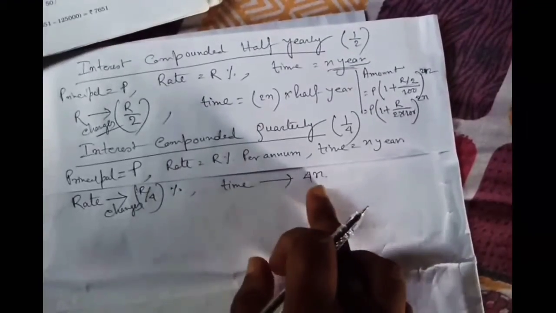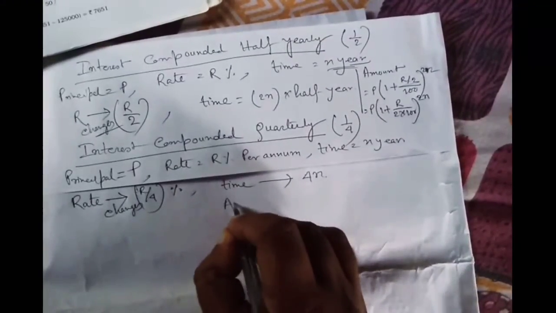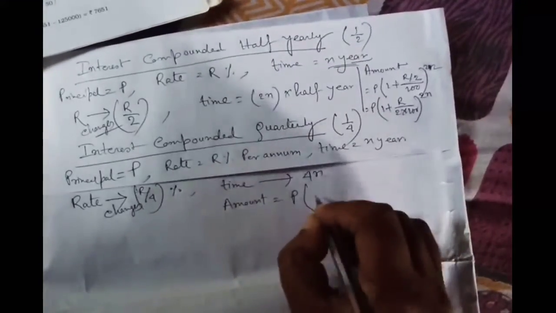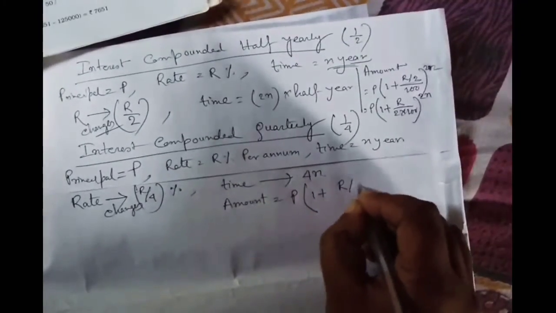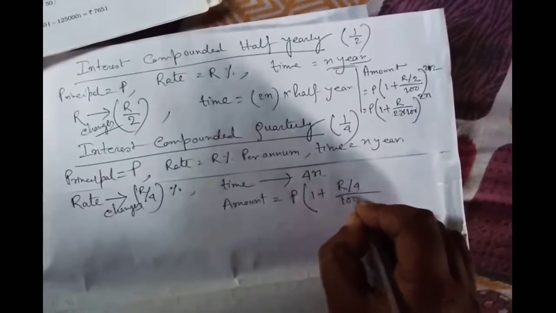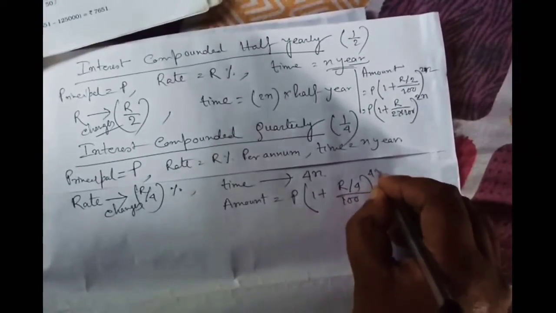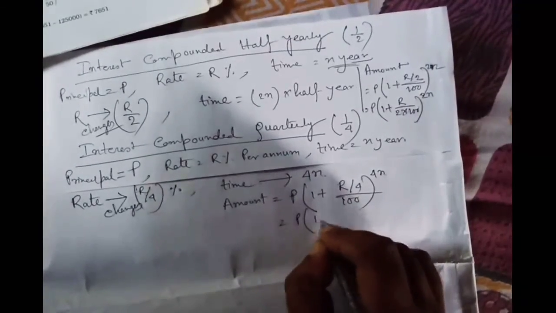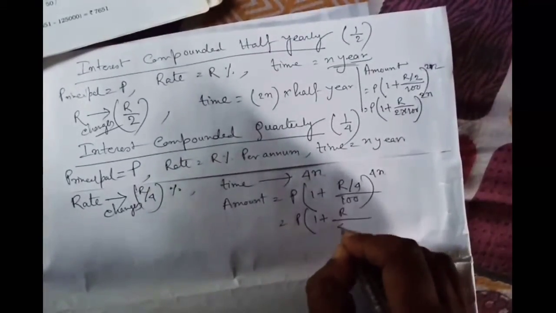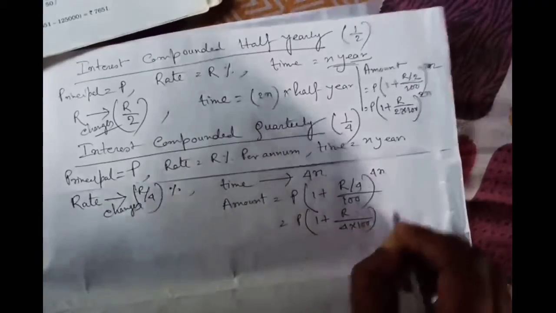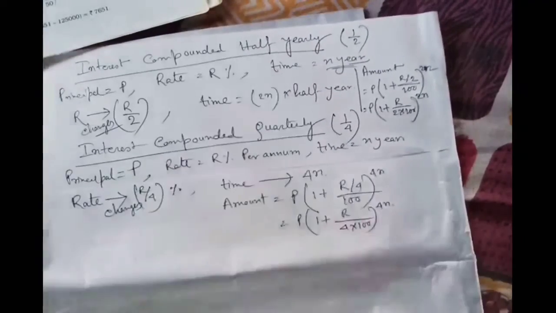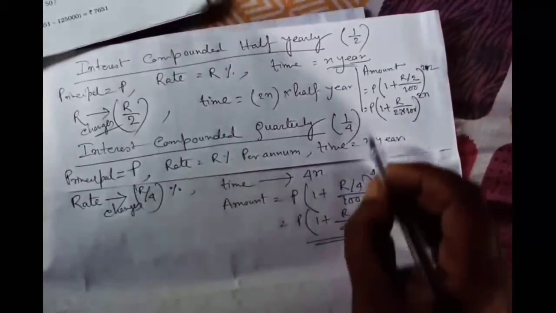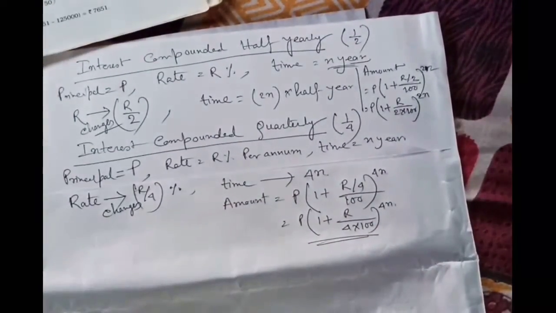And here, for quarterly, the amount should be P into (1 + r/(4×100)) whole to the power 4n. Understood? So these are the two formulas that we have to use in this exercise.